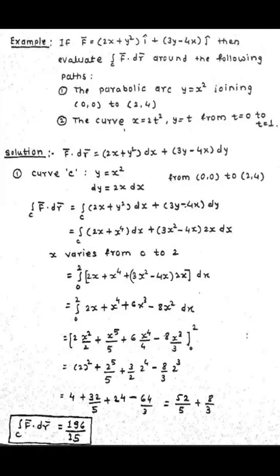So student, this way we can calculate the line integral along the parabolic arc. Now take the second curve. It is a parametric curve. The equation of the curve is x equals 2t square, y equals t, and t is given from 0 to 1. So dx becomes 4t dt and dy becomes dt here.